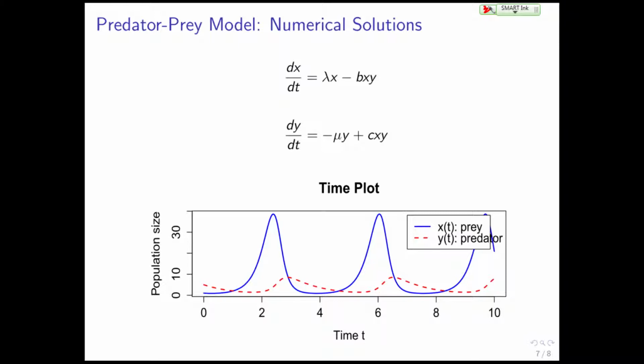Now, one of the things we can do with this mathematical model for predators and prey is to find numerical solutions. What we're seeing here at the bottom is a simulation. This is a numerical solution that was computed using something most of you are familiar with.